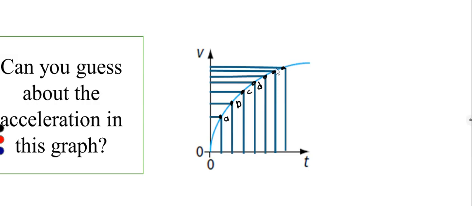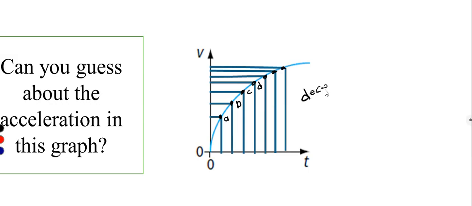Now look, if our line is more inclined towards the V axis, the speed axis, it means that we are having more slope. If it is inclining more towards the time axis, it means that our slope is less. If our slope is less, it means that the value of the acceleration with the passage of time is also less. So in this case there is deceleration.